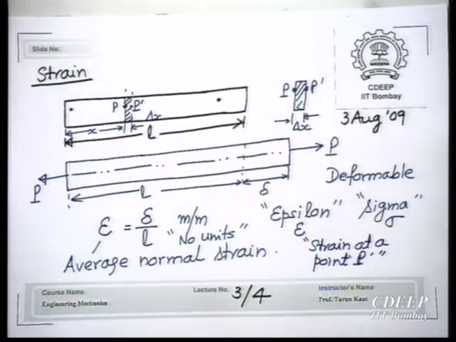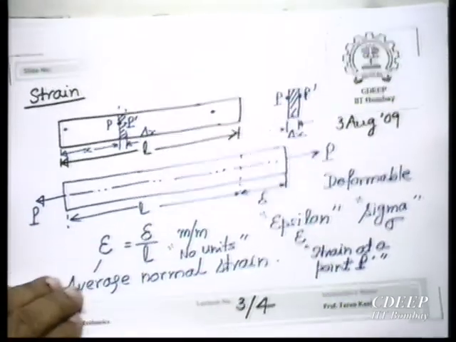At a point P, loosely we say it is delta by L, but that is provided L is very small. So we must find the change in length of delta x.